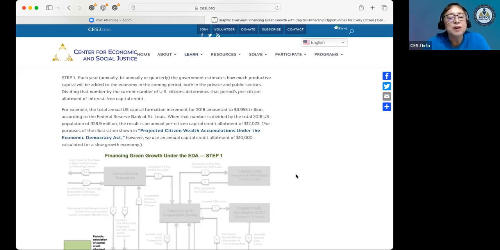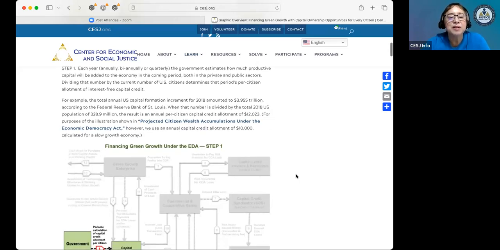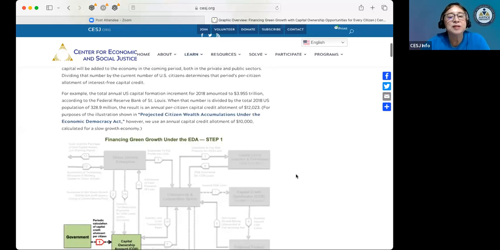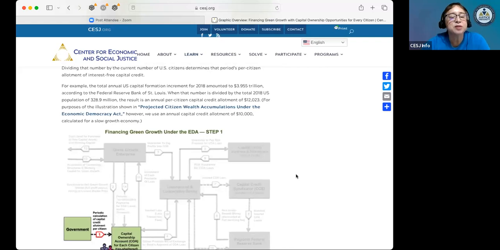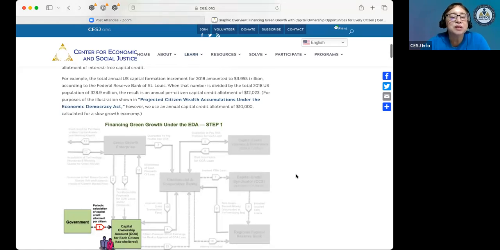And so we give an example here of about 4 trillion and then the 2018 population. So both of those numbers are larger. So what resulted was about $12,000. And we decided to simplify this so that if you go to another link on the home page, it shows the projected accumulations throughout a person's lifetime.